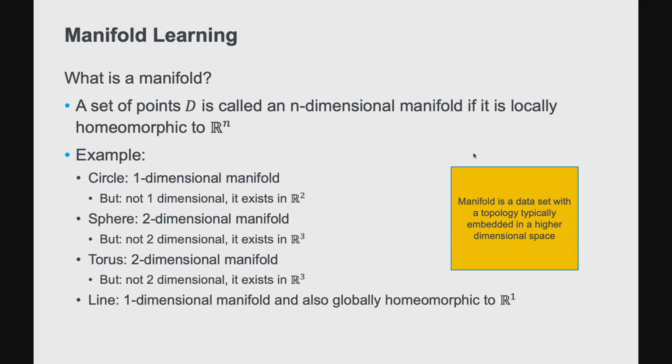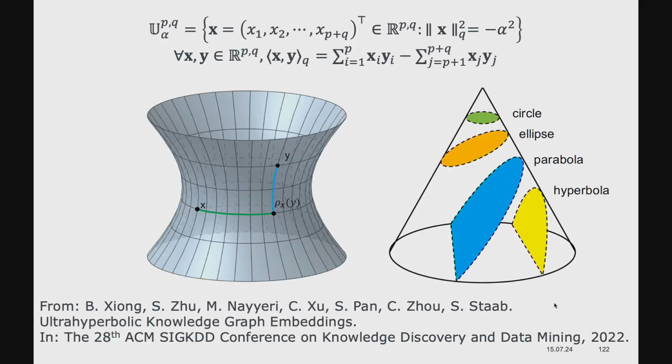So a circle is a one-dimensional manifold, but a circle exists in two-dimensional Euclidean space. A sphere is a two-dimensional manifold in R3. A torus is a two-dimensional manifold in R3. And a line in general is a one-dimensional manifold, but of course can live also in some embedding space.